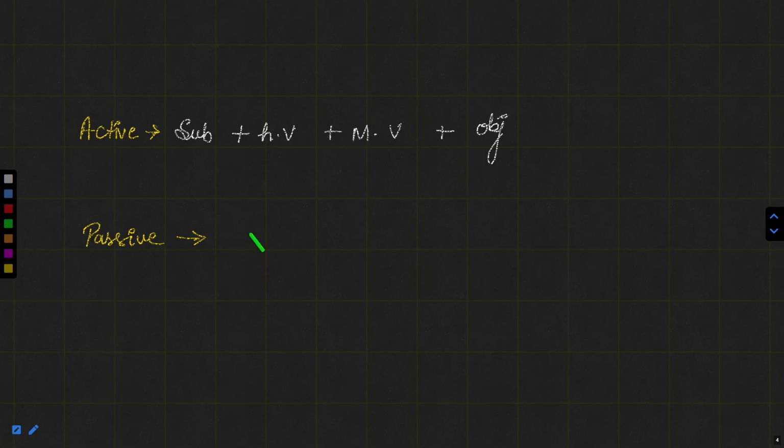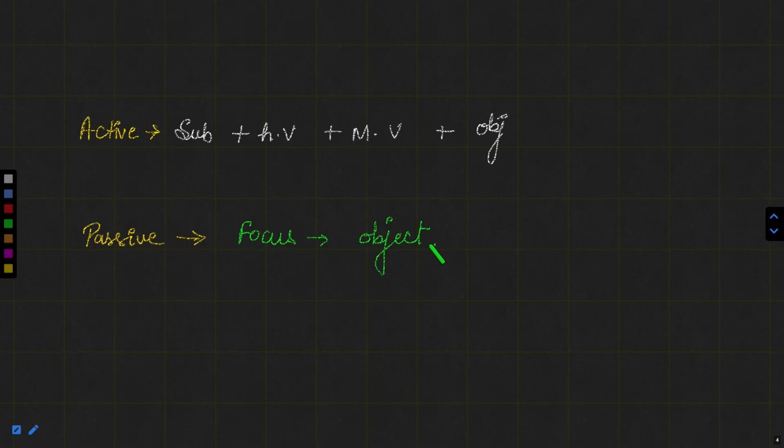So the focus point is the object. When the object is focused, or when the object comes prior to the subject, it means the object is more important in the sentence, then that sentence is known as passive voice.